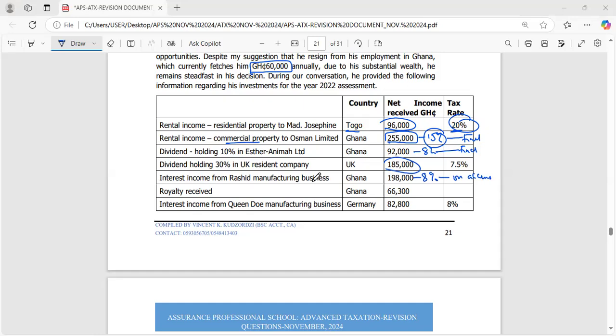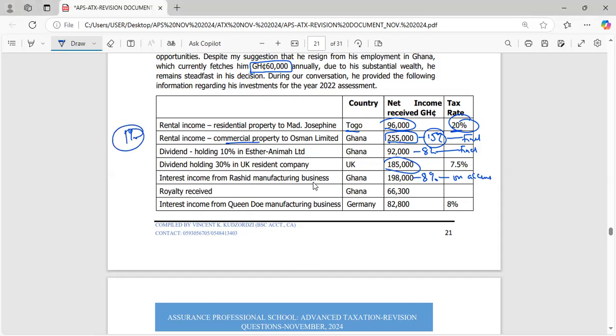If you are a financial institution, you receive interest. That interest will be exempted from tax. But if you are an individual, every interest you receive, apart from if you invest in companies into mining or petroleum industries, that one, the withholding tax is 1%.